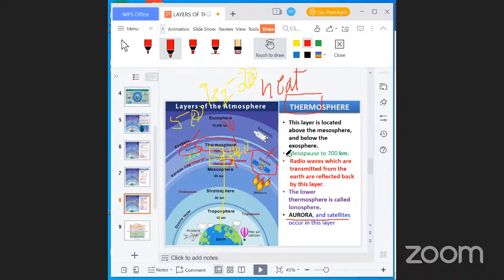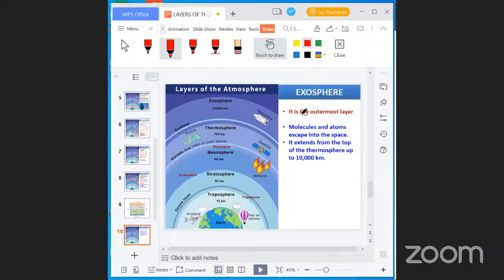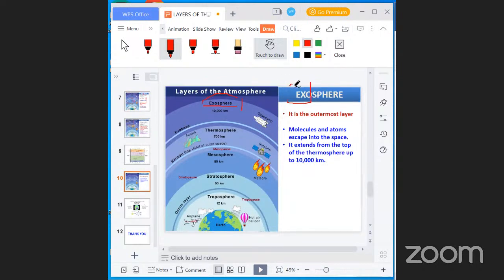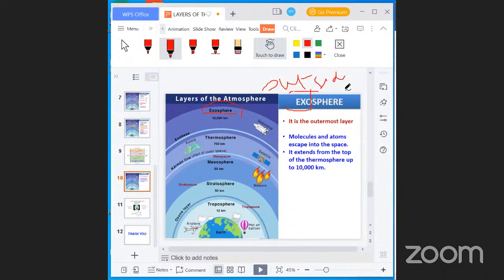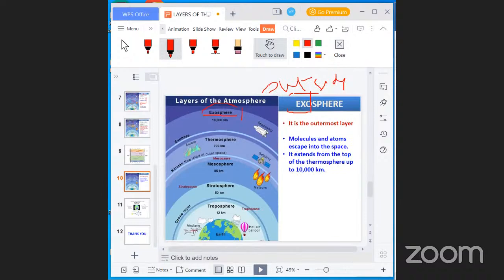So now we are going to the exosphere, right? This is the last sphere of the atmosphere layers. Exo means outside. So it is the outermost layer.